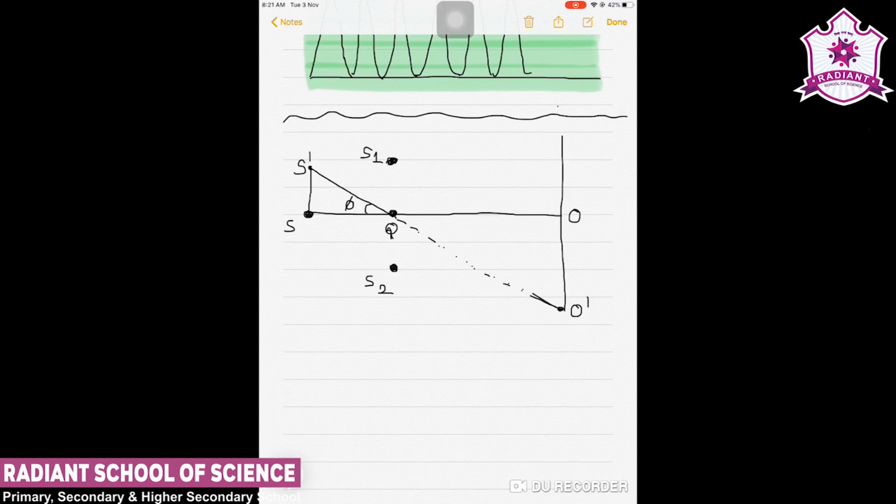The first clear proof that light added to light can produce darkness. This phenomenon is called interference. Thomas Young had expected it because he believed in the wave theory of light. So this is from Young's experiment of interference.